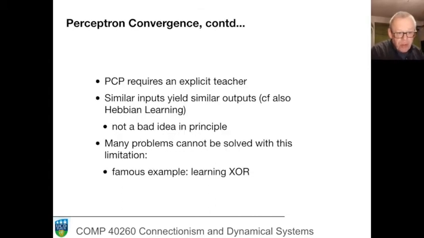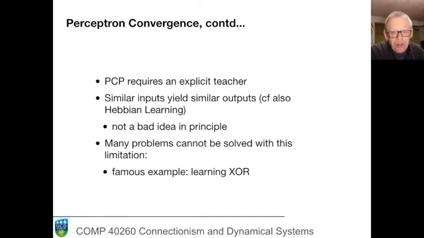The Perceptron Convergence procedure requires an explicit teacher. It's not like Hebbian learning at all, in that we have to tell it what the right answer is. It has a limitation, though, that's a bit like Hebbian learning, which is that similar inputs will produce similar outputs, which is not necessarily a bad idea in principle, but it restricts this network to learning something similar to correlations again.